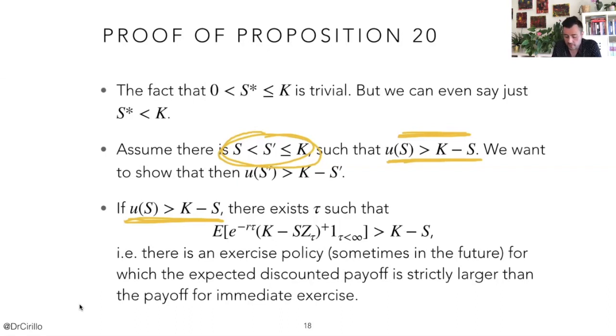So at a certain point in the future, there is a scenario such that if I discount, I have a value now of my perpetual American put which is larger than the immediate payoff I will get by exercising.